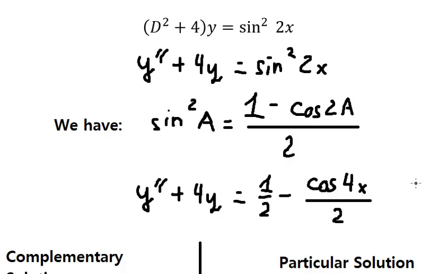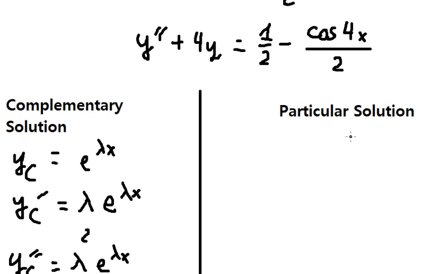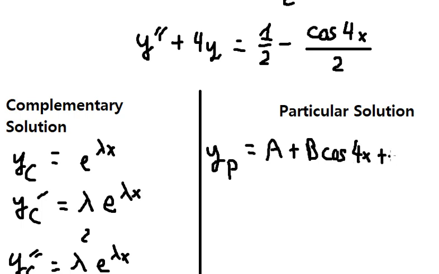And now we go back in here, we have the particular solution. If we look on the right, we see that we have the constant and we have cosine 4s. So in this one, I will put yb equals a plus b cosine 4s plus c sine 4s.